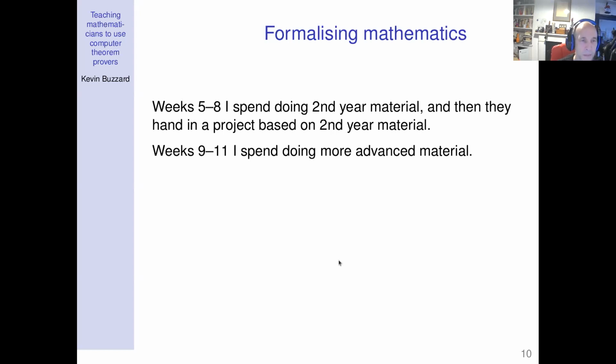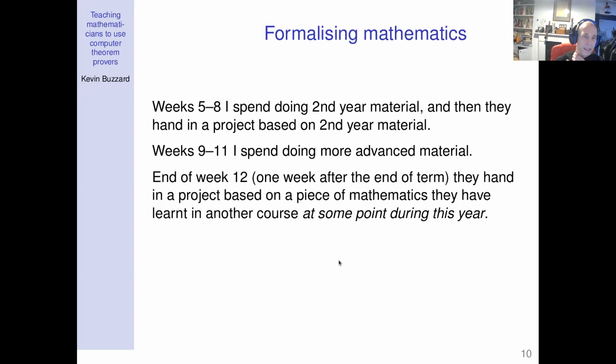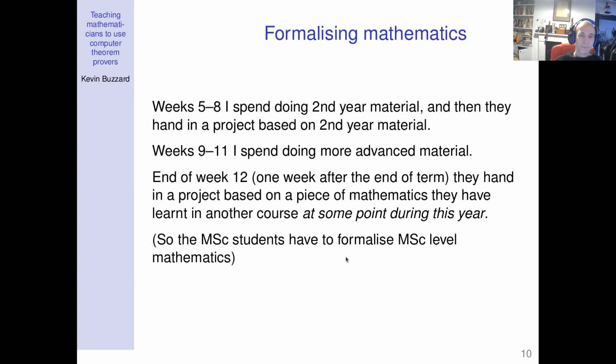Perhaps they'll learn more about the material in their other courses. And at the end of week 12, they have to formalize a theorem that they've learned in another course at some point in that year. So you see, the MSc students have to formalize some MSc level mathematics. That's the idea of what's going on in this undergraduate course.